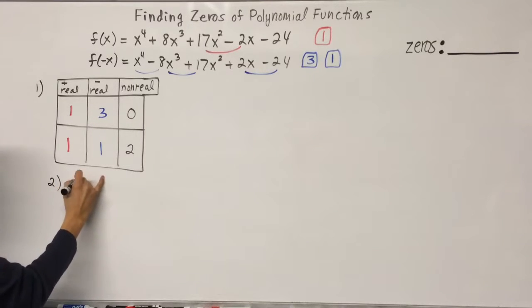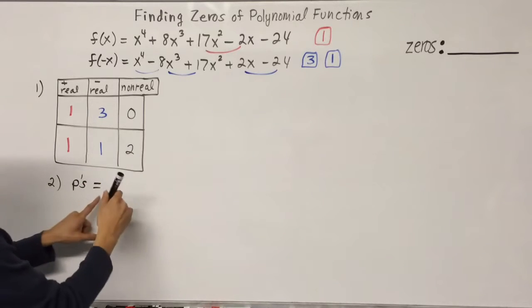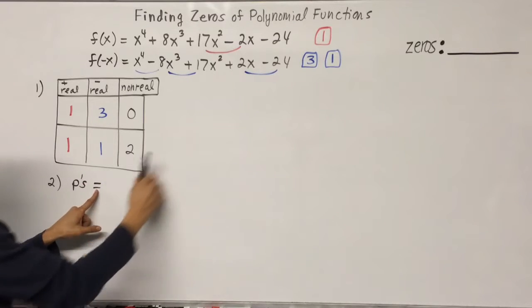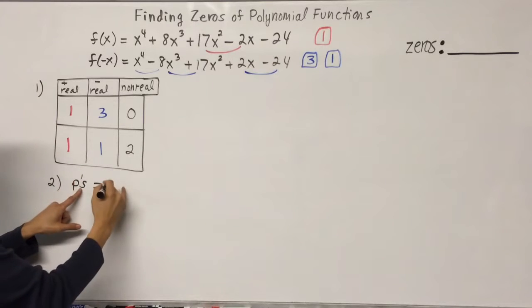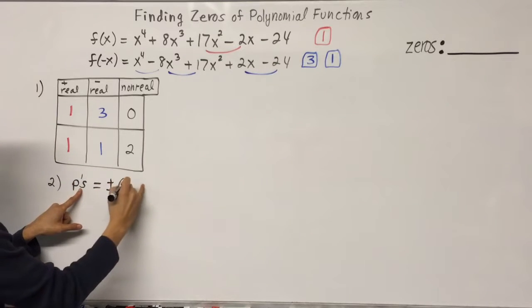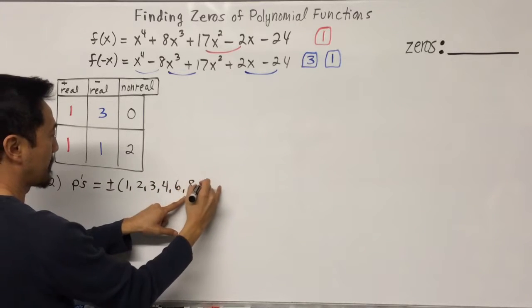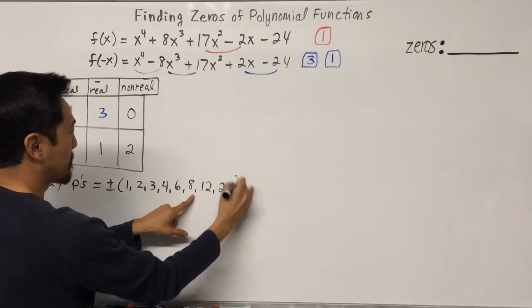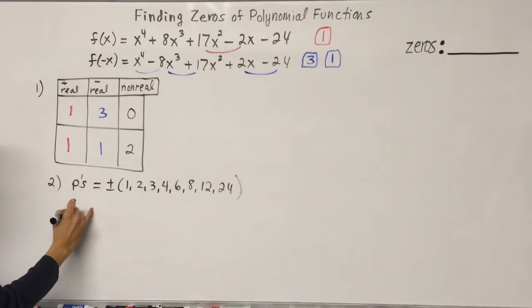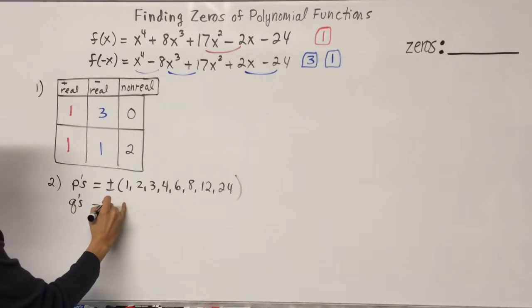Now, finding the list of possible rational zeros, I'm going to take my factors of negative 24, that'll give me the p's. And then I've got my q's, which are just plus and minus 1s.